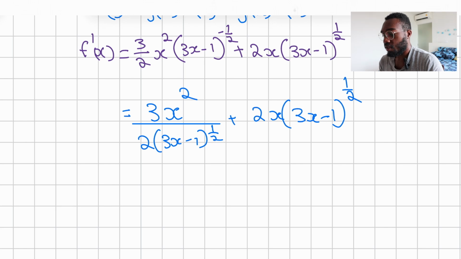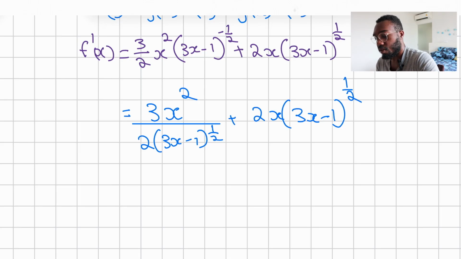And now we do have a denominator on the left fraction, okay? We just need to times that right number by 2 times 3x minus 1 to the power of a half.